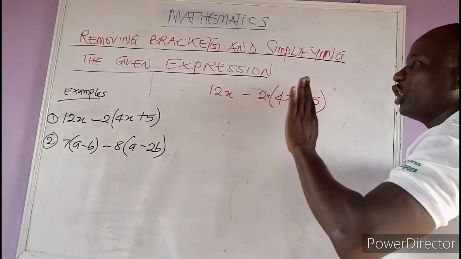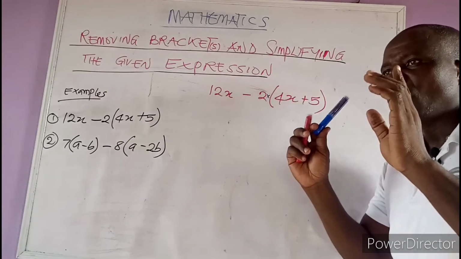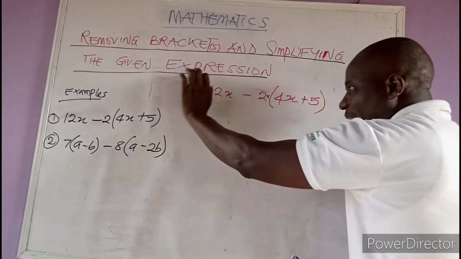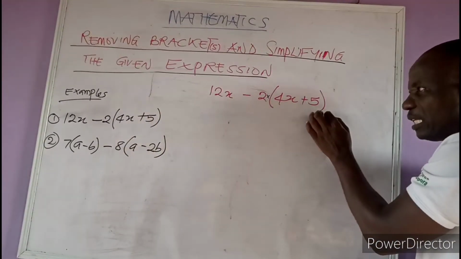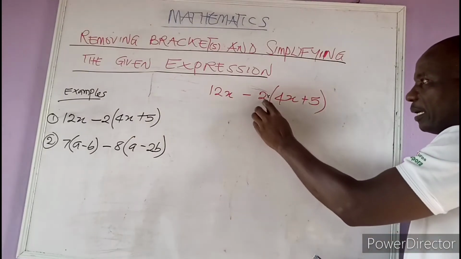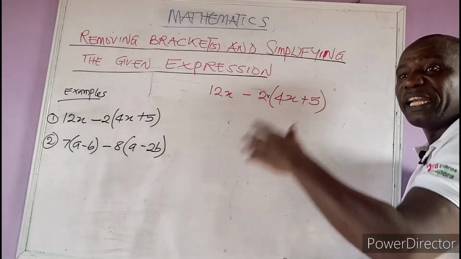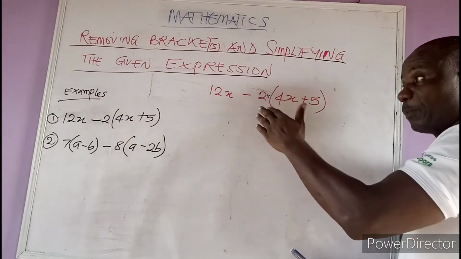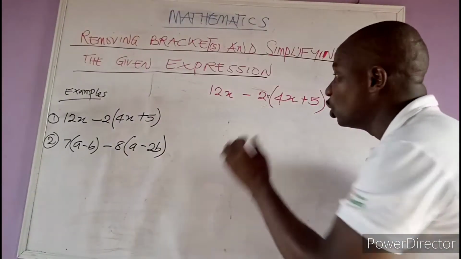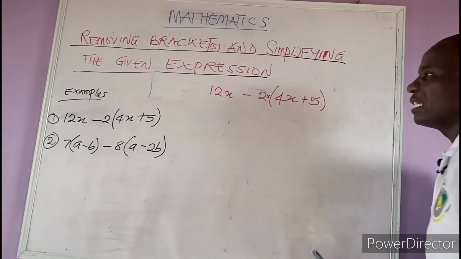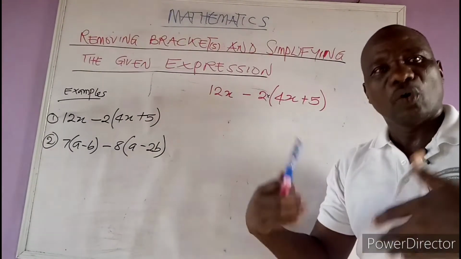Now, if you don't want to get yourself into trouble, first of all, forget about this. Deal with the multiplication sign. Remember, even in the order of operation, we have multiplication coming before subtraction. Deal with this first. You open the bracket. After opening the bracket, if you have like terms, collect them.